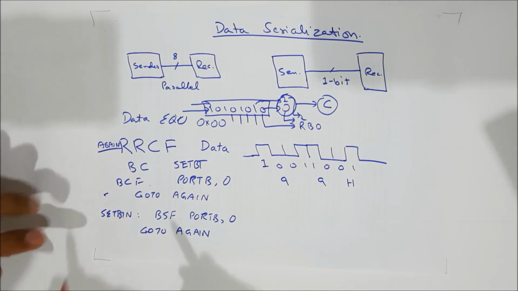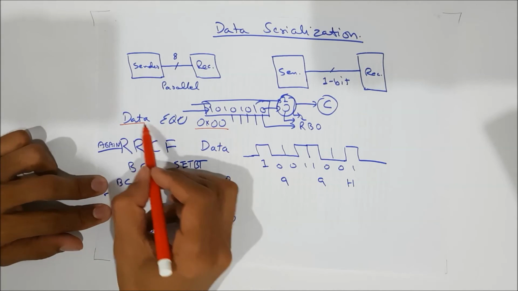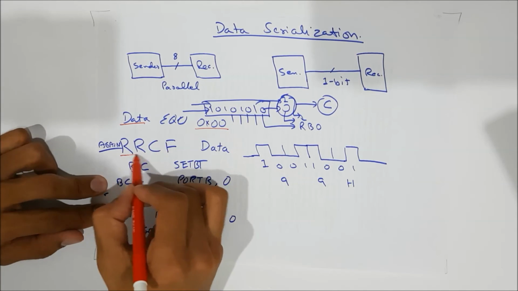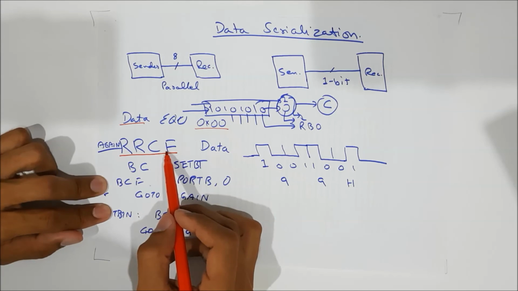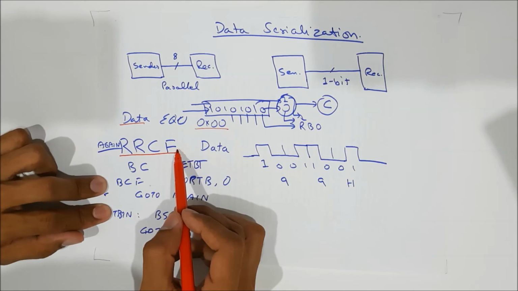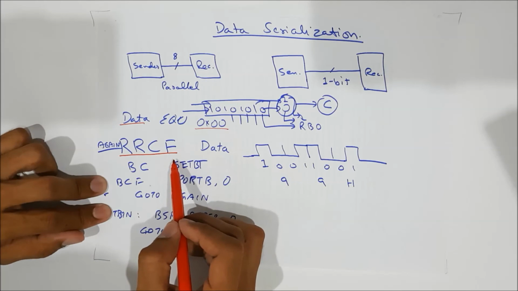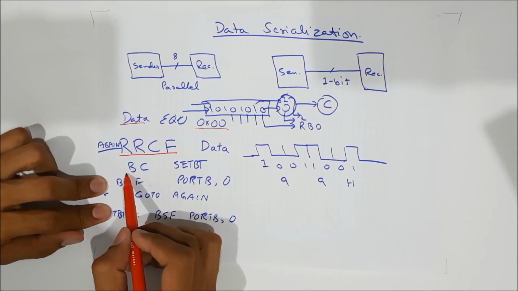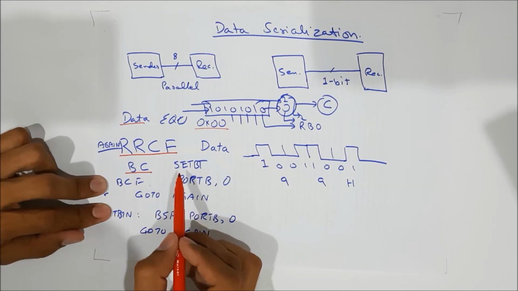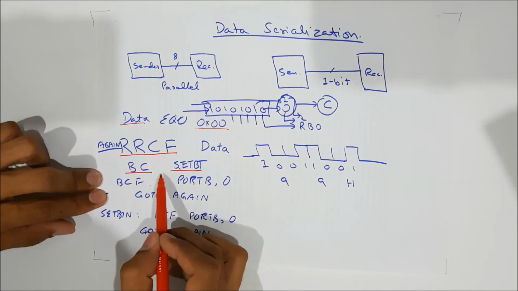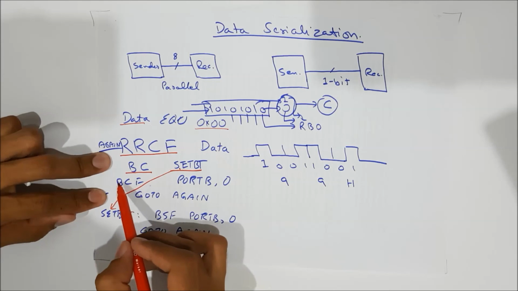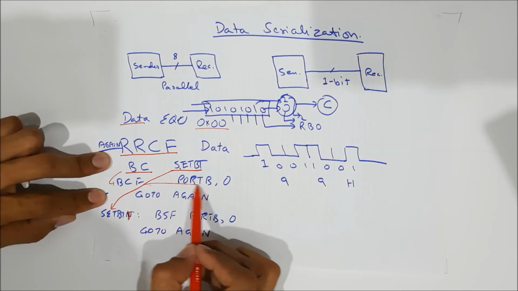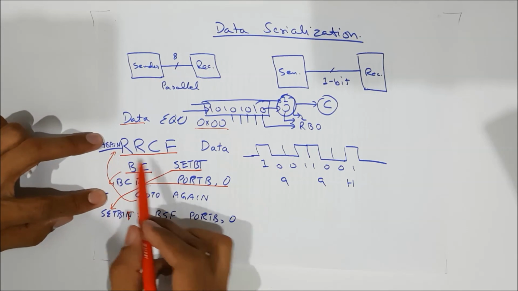What this program is doing is taking the data from location 0 and rotating it once, so the rightmost least significant bit will pop up and go into the carry. Then I check if there was carry, go to the label of set bit, otherwise clear the bit of port B and go to again.